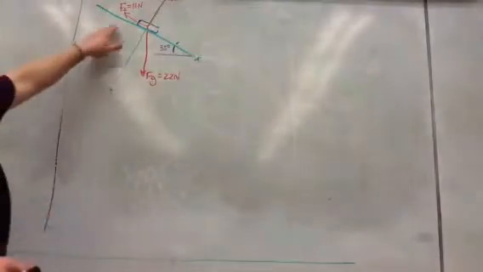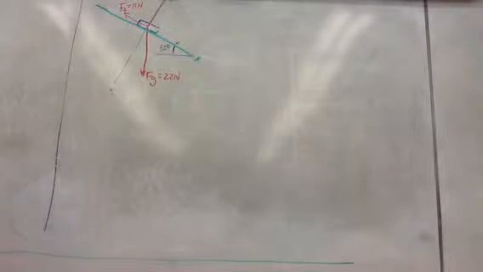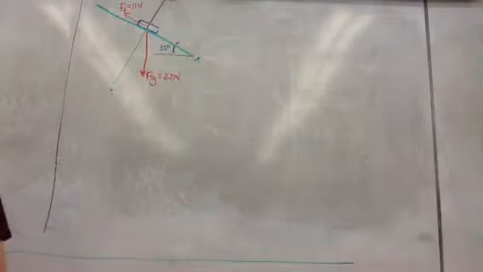This leaves us, of our three forces, with two of them directly along axes. And that's the magic part. If we didn't tip the axis, we would only have one force directly along the axis, and that would give us more vectors to resolve. This actually gives us fewer vectors that we have to resolve.